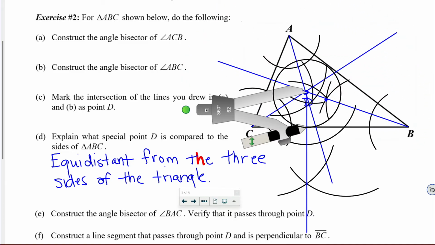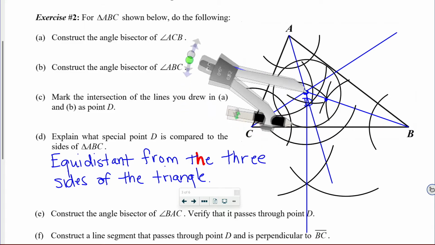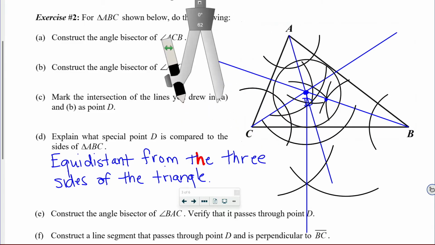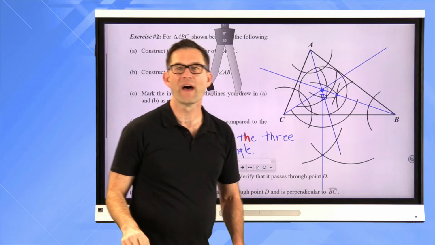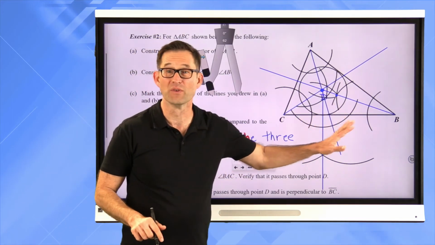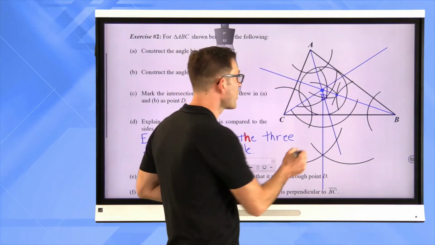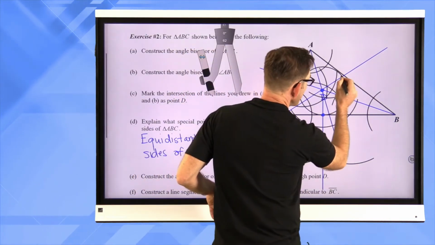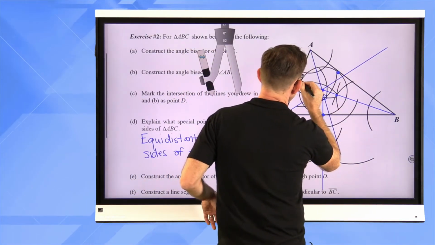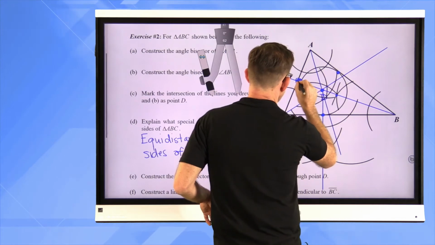Oh. All right, well, that's not great. All right, so that circle, if it was really, really perfectly drawn, would just graze the triangle here, here, and then this should be like right here.